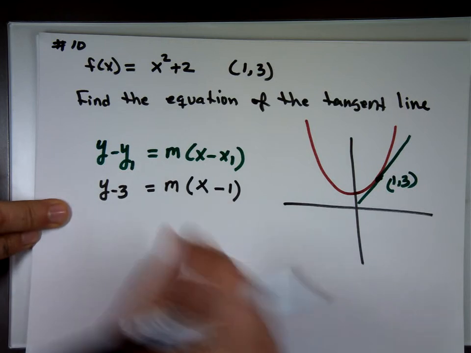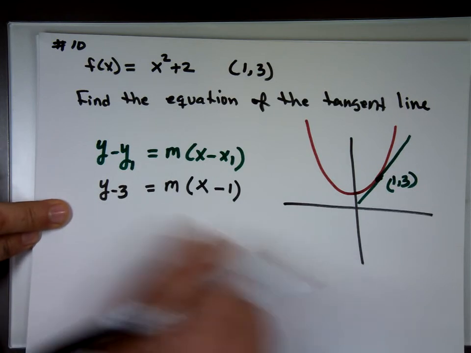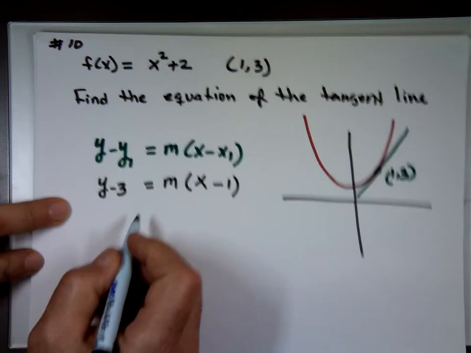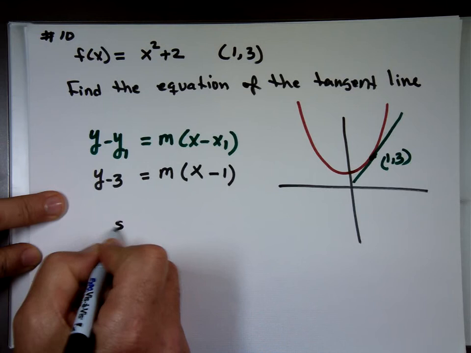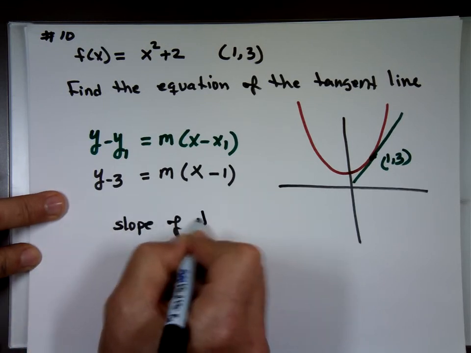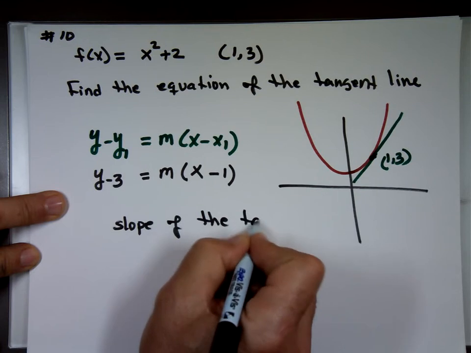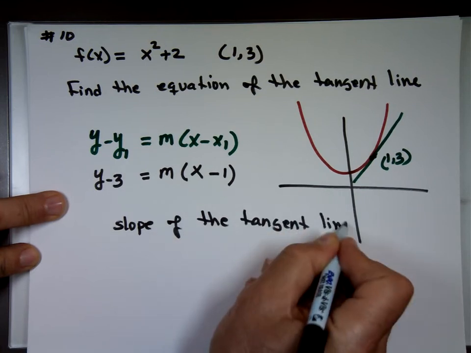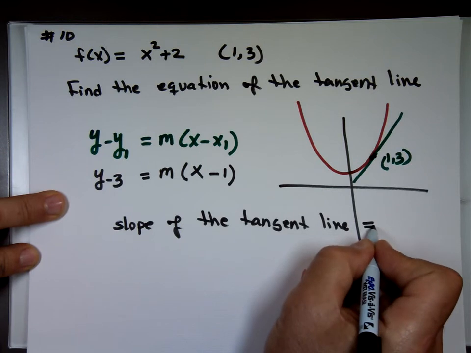Now, how do we find the slope? Well, the slope of the tangent line, that's what we need, is actually what? Look at section 3.1.